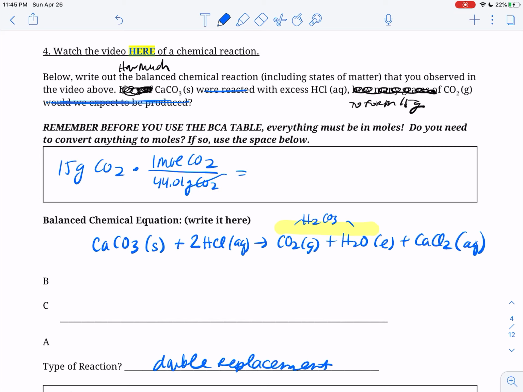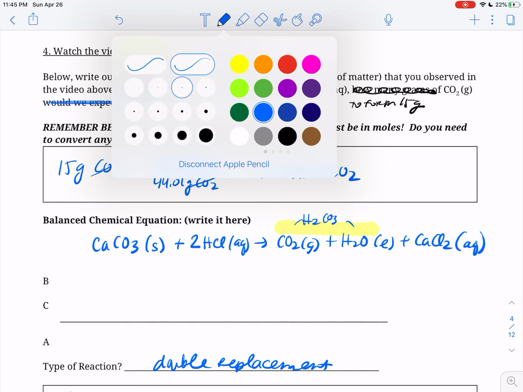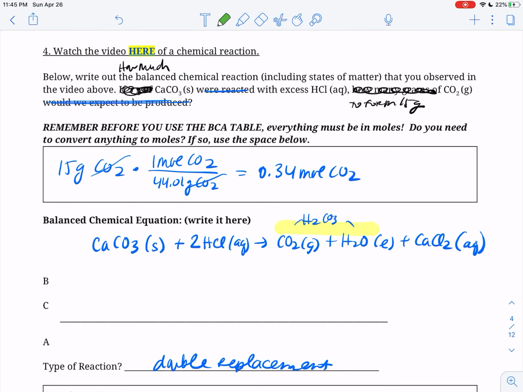All right, hopefully that's easy for you now. If it's not, better get on it. 0.34 moles of CO2. All right, so this is what I'm starting with, or this is what I'm actually ending with, right? So this one's a little bit backwards, okay, because I actually know this right here, which is the product.